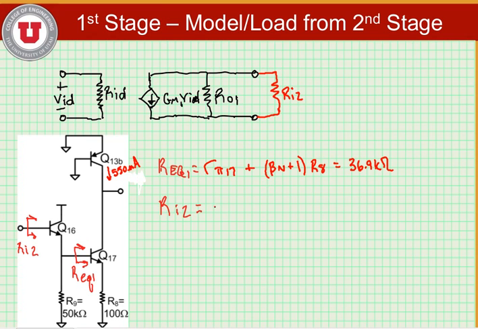So we can say that Ri2 is equal to r_pi16 plus (beta_n plus 1) times the quantity R9 in parallel with REQ1. And when we substitute values, we find that this is 5.72 megaohms.